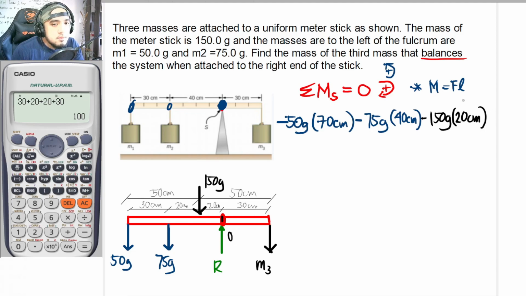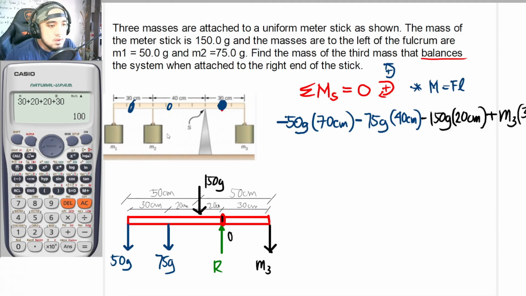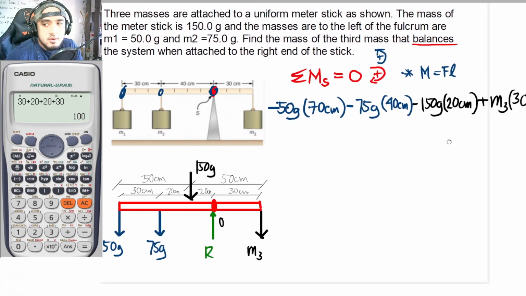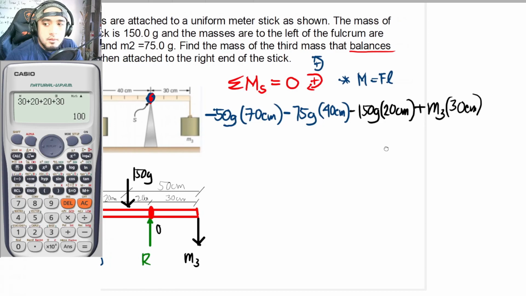So positive M3 times our lever arm of 30 cm, from this point up until this point. I'm sorry if you cannot see, so I would just be moving all of this to the left. Here I would just be moving the entire board.